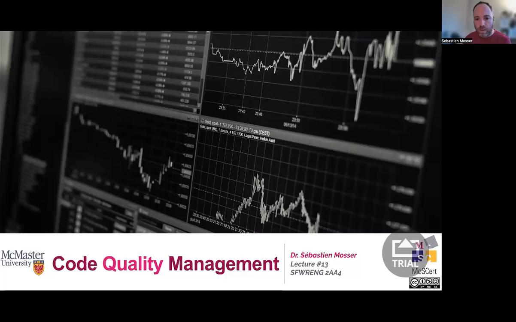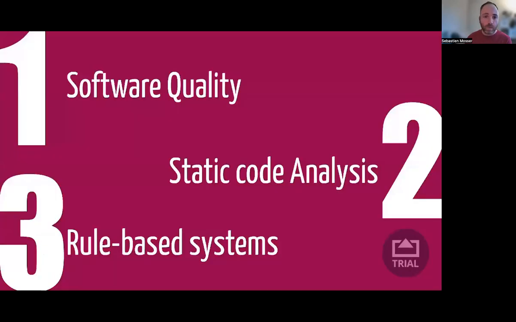We're going to look in this podcast at code quality management, and more specifically how to improve the quality of your software and how tooling can be used to support this. First, we're going to look at software quality, the notion and the definition of software quality.